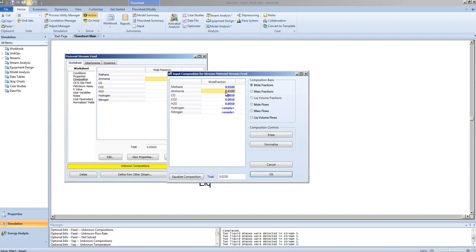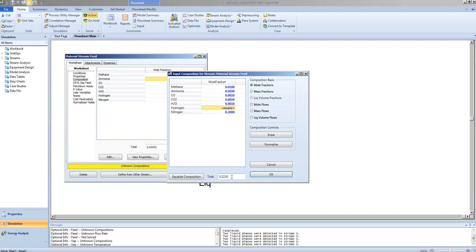And you would have some ammonia in your feed because some of the product from the reactor is recycled as feed for the reactor. The hydrogen and the nitrogen in a ratio of 3 to 1, so the nitrogen is 0.2. And we can make up the rest with hydrogen.